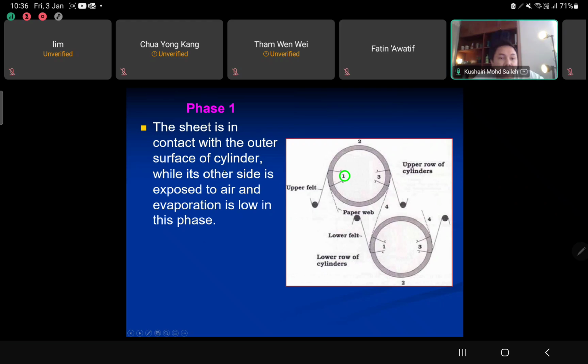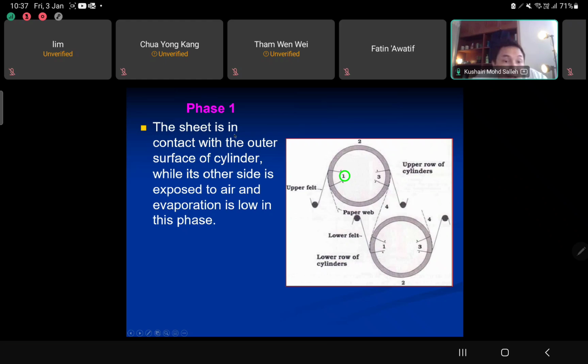The sheet is in contact with the outer surface of the cylinder. As you can see, the paper web is still in contact with the outer surface, and the upper felt does not yet have any contact with the paper web. Right now in phase 1, the web is in contact with the outer surface of the cylinder, while its other side is exposed to air and evaporation is low.